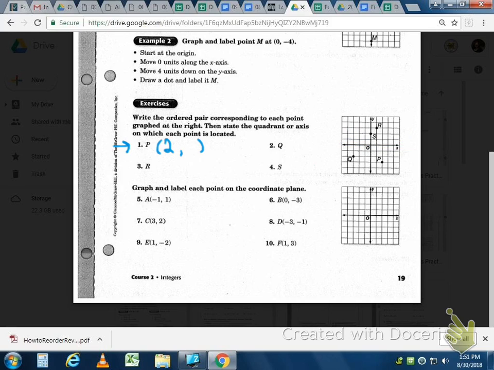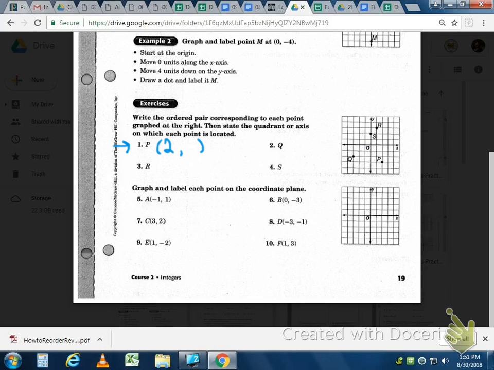The y-axis here, with this being the origin, everything above it is positive, everything below it is negative. When you are reading these, you always start at the origin and count left or right how many steps you have to go to be lined up with that point. And then you go up or down to hit that point.